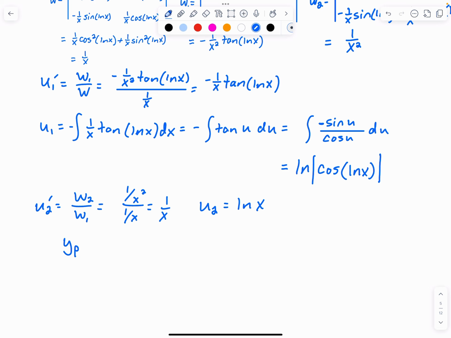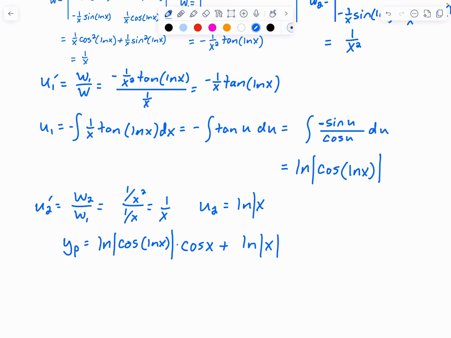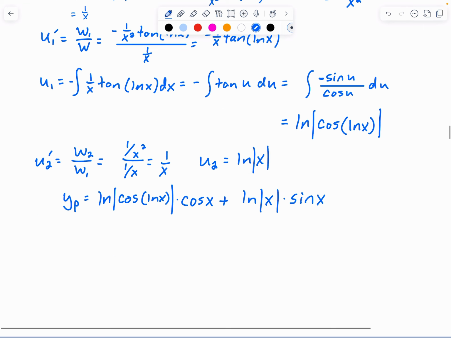So our particular solution then is going to be u1 times cosine of ln of x, that was y1, plus ln of x times sine of ln of x.